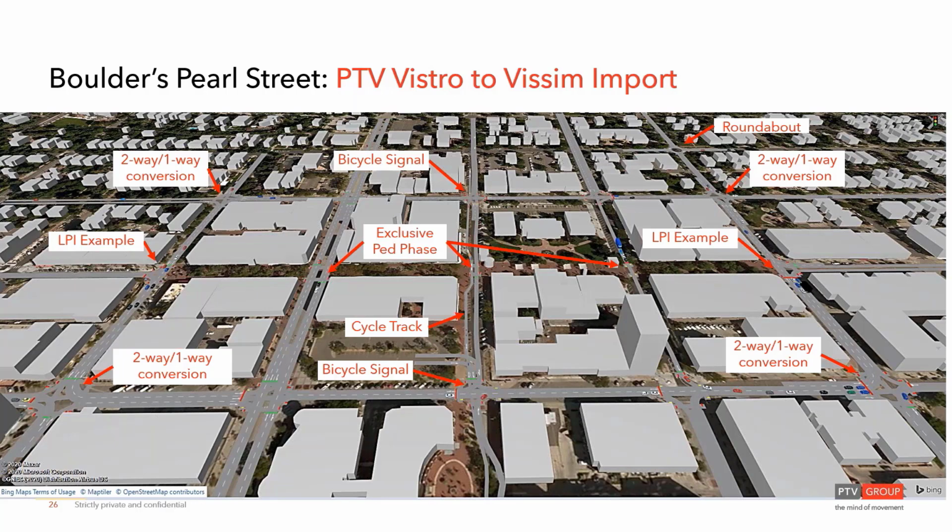Building this from scratch in Vistro, I'm not going to lie, would take quite a bit of time, especially when you have to put in the signals, some of the details for pedestrians, and code all of the geometries. So it's a real savings going from Vistro to Vistro in this case.